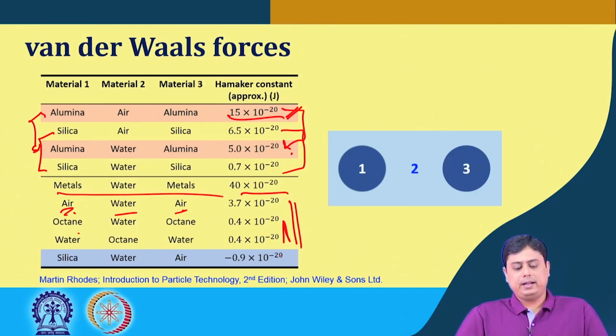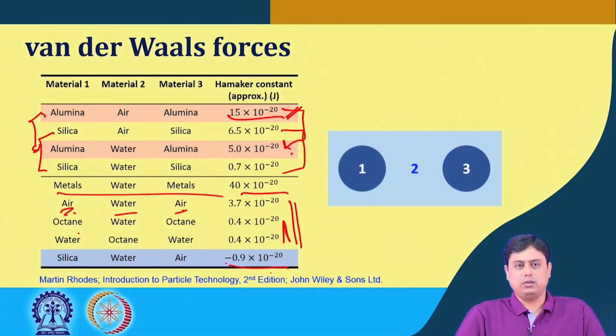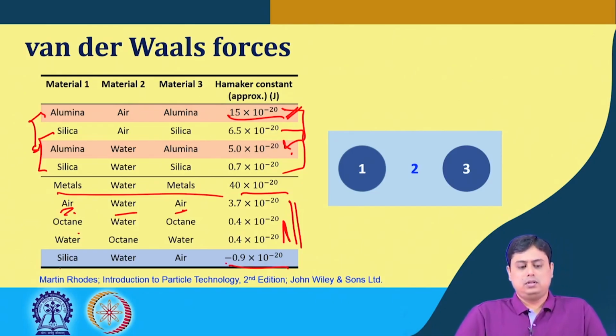Now, the rare case that I have mentioned is that the van der Waals force can be repulsive in nature if we have the Hamaker constant as a negative value, which is shown here. So, here the scenario is something like this: the silica particle is attached, say, to an air bubble and being separated from water.